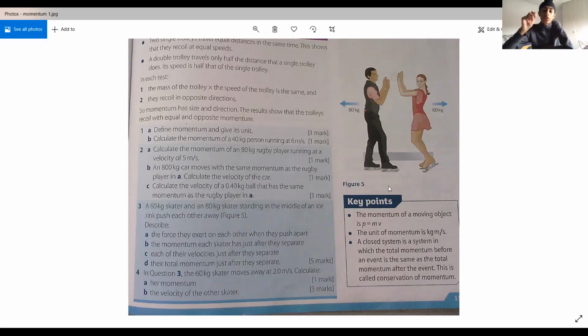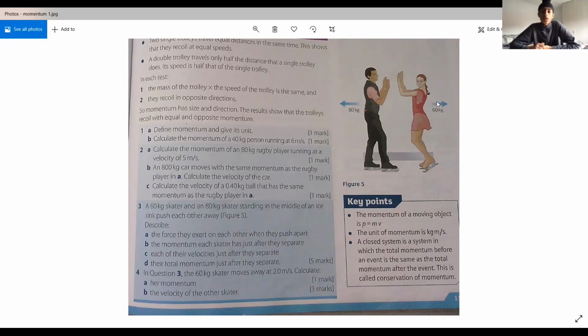All right, just to make life easy, let's assume that the momentum that the lady has is 480 kilogram meters per second.